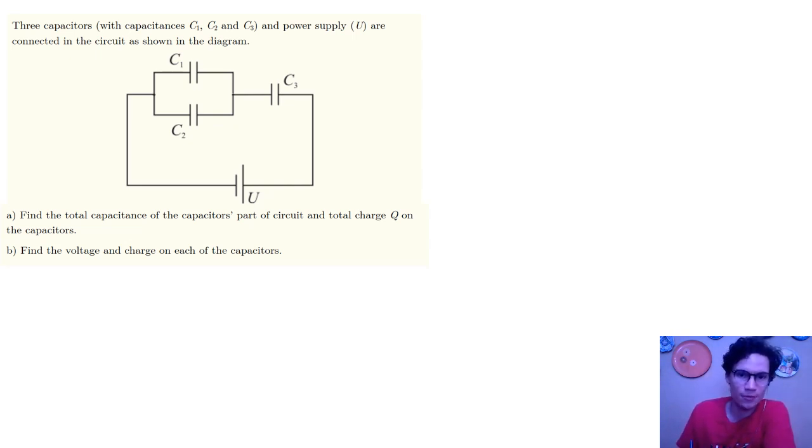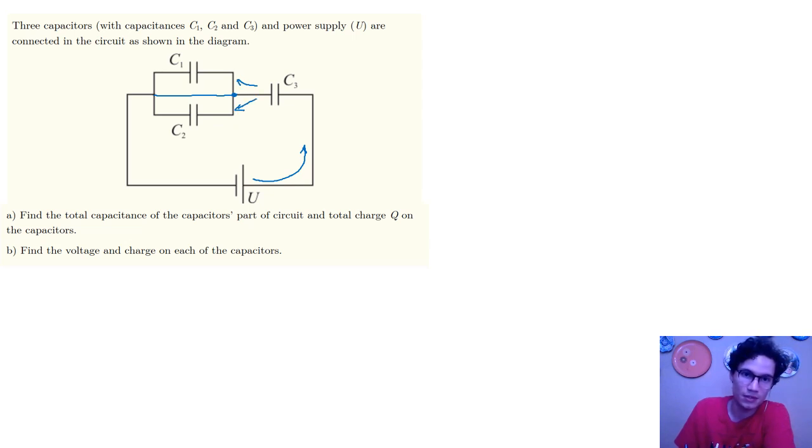First, we observe that capacitor 1 and capacitor 2 are in parallel, because if the current flows in this side, at this point it will have to divide into two currents.